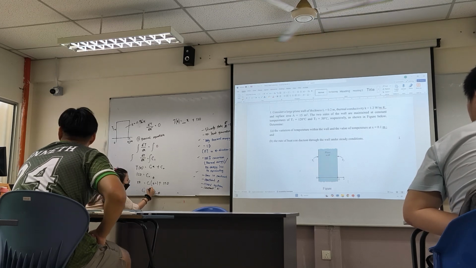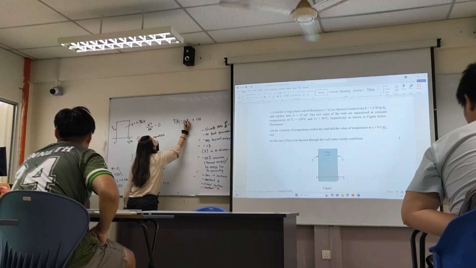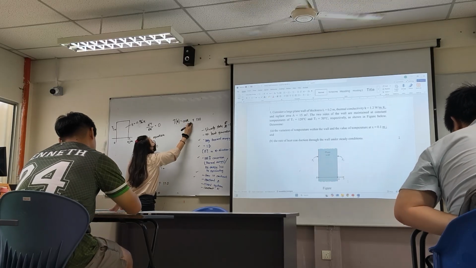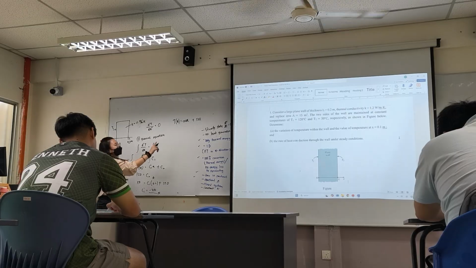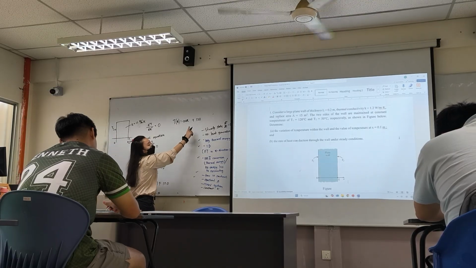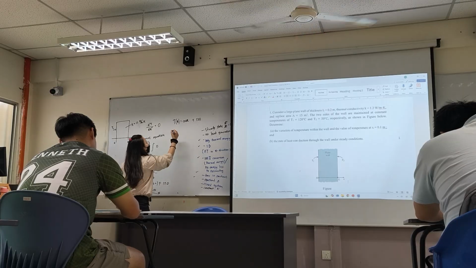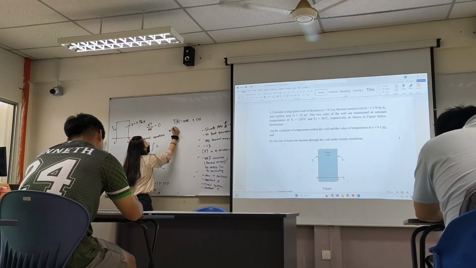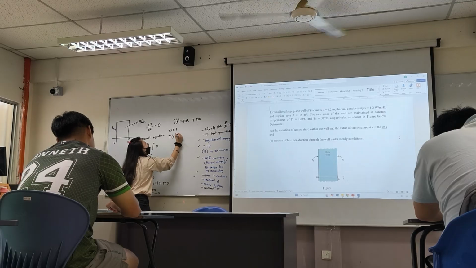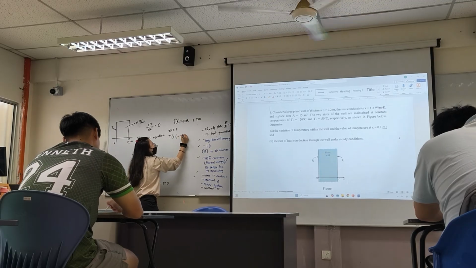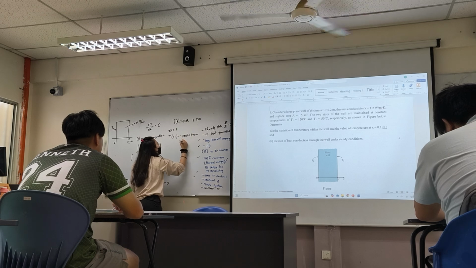Negative 350. Okay, so you get negative 350. So now they want to find the temperature at x equals to 0.1. So negative 350 times 0.1 plus 120.